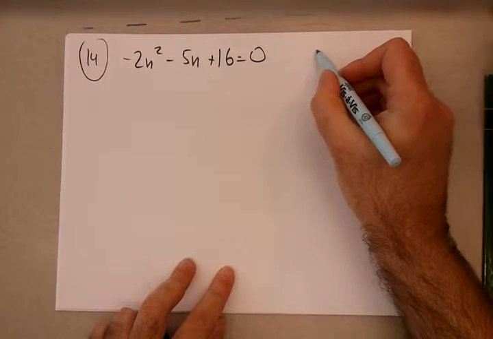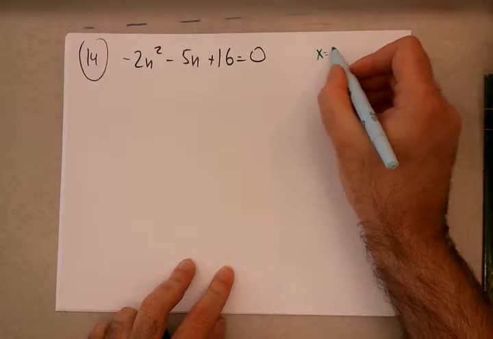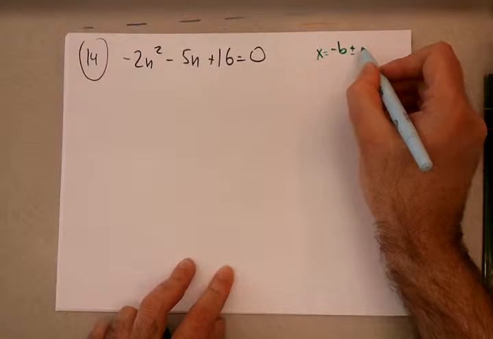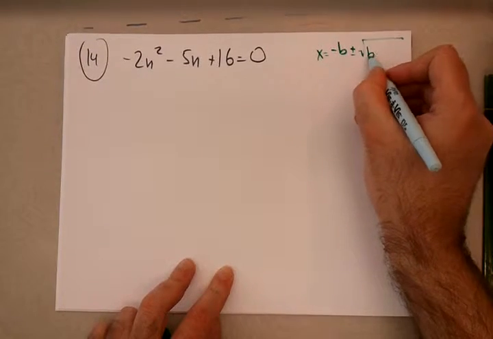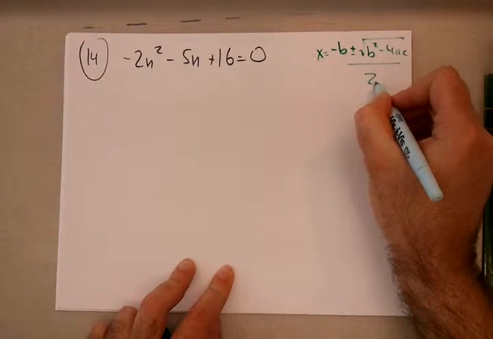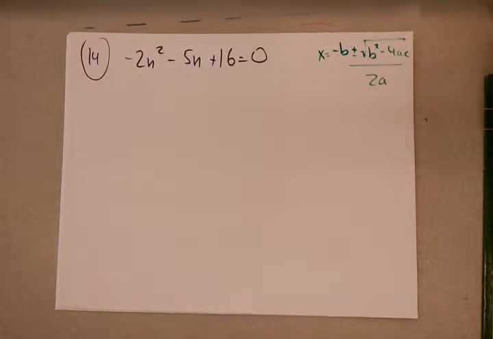So x equals negative b plus minus square root b squared minus 4ac all over 2a. Terrific. So that looks easy. I'm kidding, maybe not so much, but the whole idea is find your a, find your b, and then find your c.